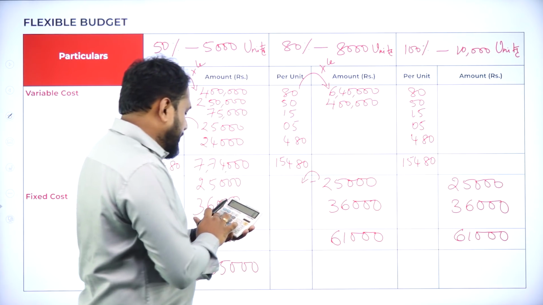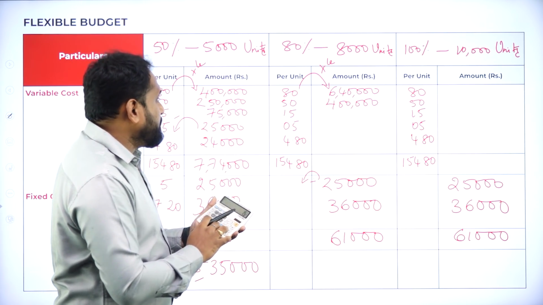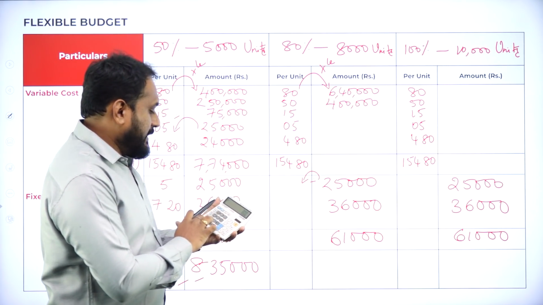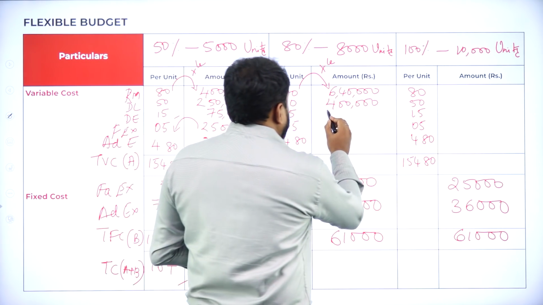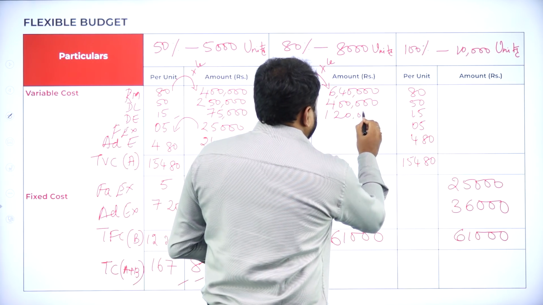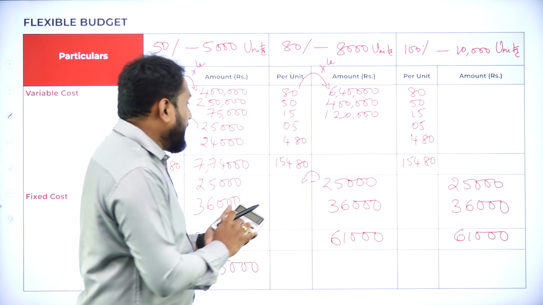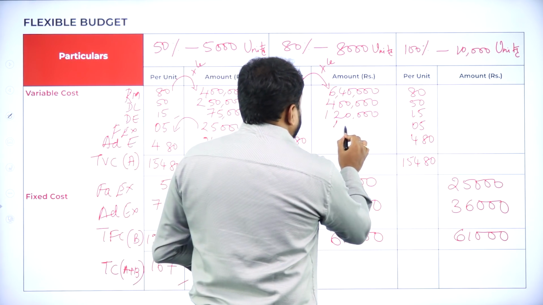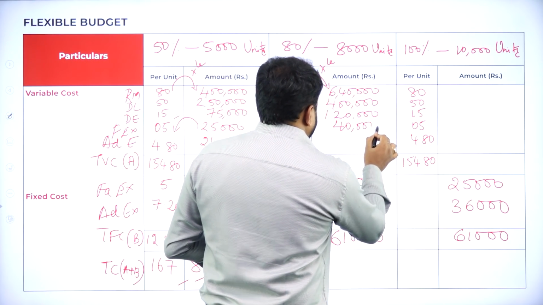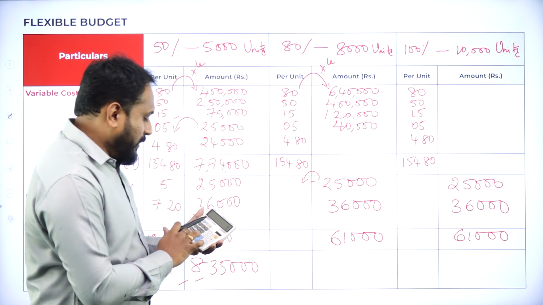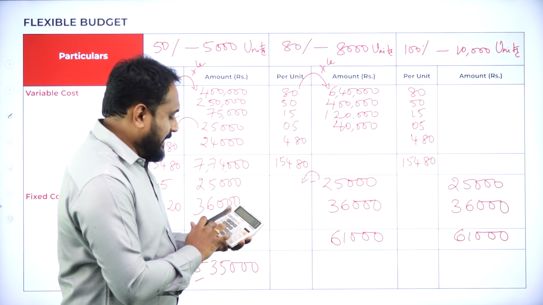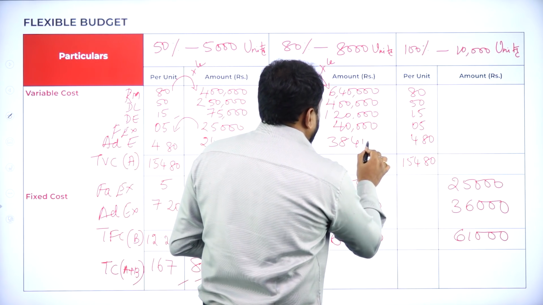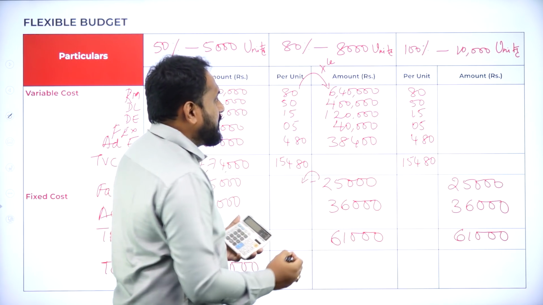Now again, next one, 15 into 8,000 is equal to 1,20,000. Next, 5 8s are 40, so it is 40,000. Now we got 4.8 into 8,000, we got 38,400. Calculate this and write it here.